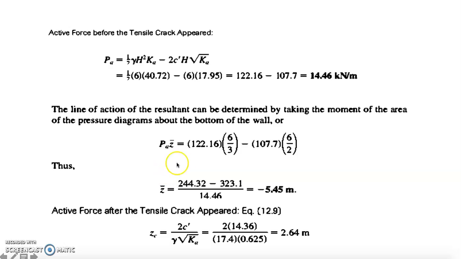You simply simplify this. So Z bar is equal now to, you divide this by the sum of the areas, which is 14.46, and Z bar is equal to negative 5.45 meters.